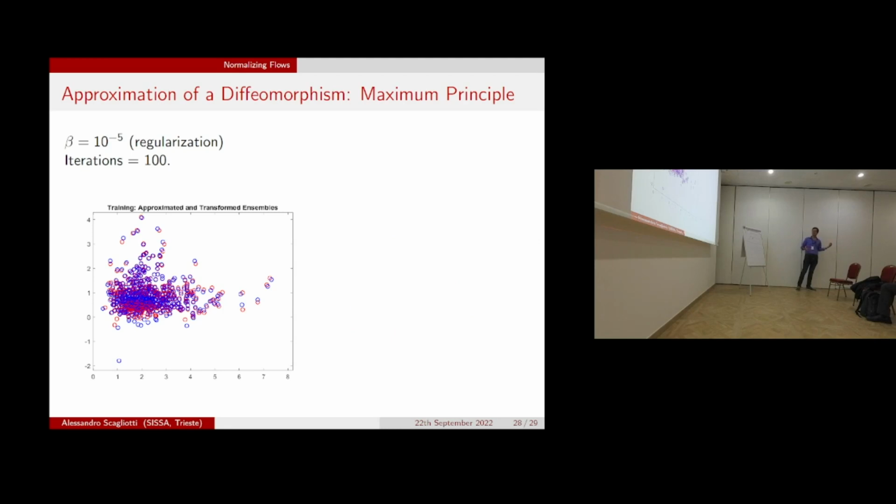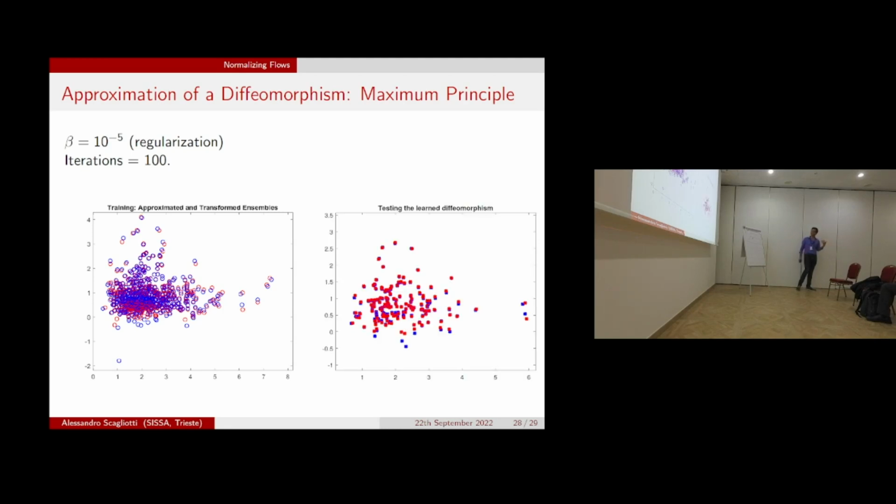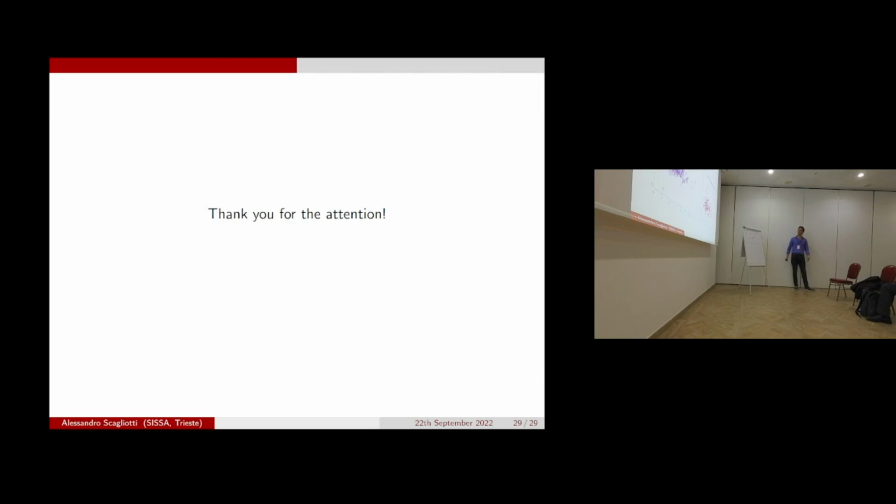This is the behavior on the training set, and this is the behavior on the testing set. We can observe that the approximation is very good. We have a larger density of data, as is natural to observe, while we observe more errors where the data are less dense. Okay, so I think that is all.